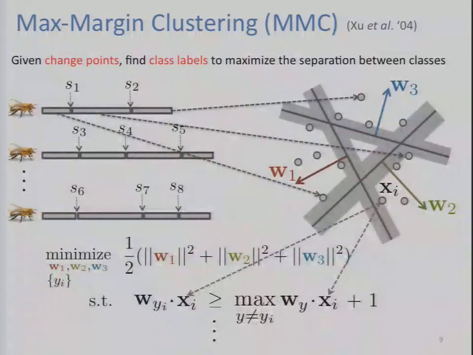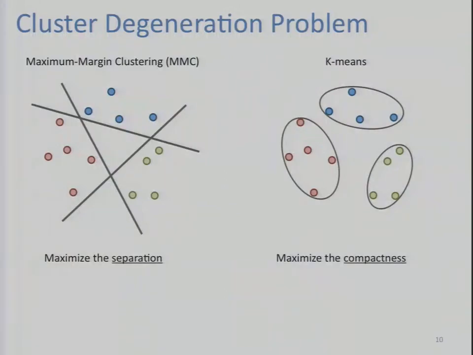So we want the score for the right cluster of Xi to be much bigger than the score for assigning Xi to any other cluster by a margin of 1. Furthermore, we can also allow the constraint to be violated by introducing slack variables and then penalizing the slackness.